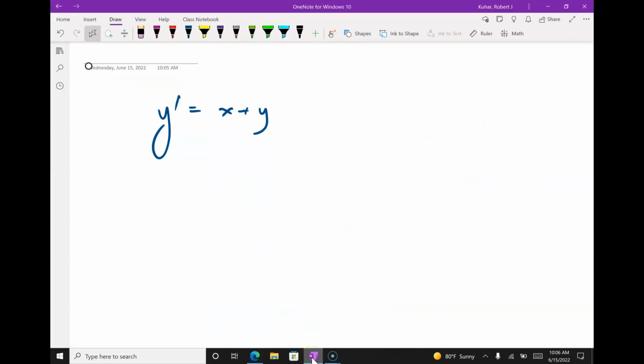Well, and the book gives you a hint here. I'm going to make a u sub. I'm going to let u equal x plus y. So now I have y prime equals u, right?